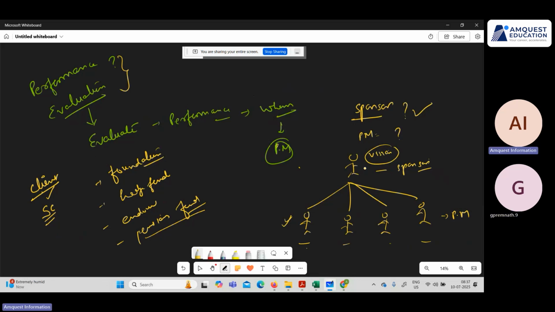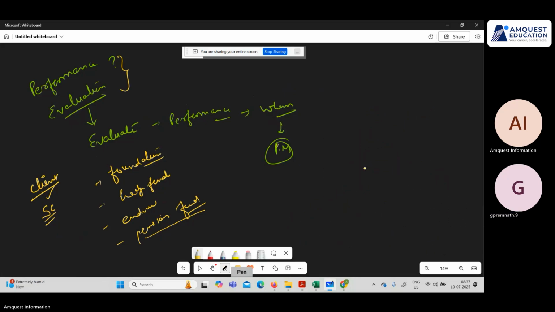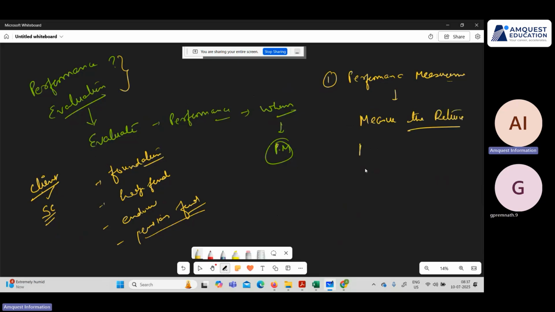Now let's talk about the different components of it. One of the components is performance measurement. Basically, you are trying to measure the returns in simple language. The important catch is that before you calculate or measure the return, it is important that the benchmark is defined.